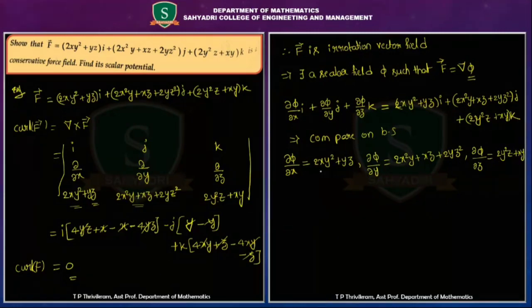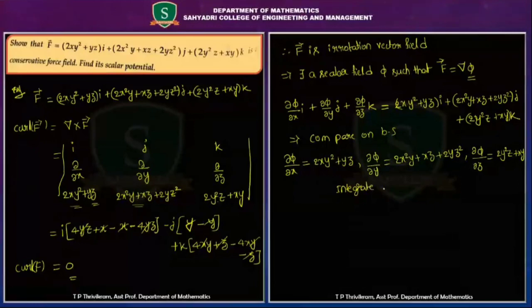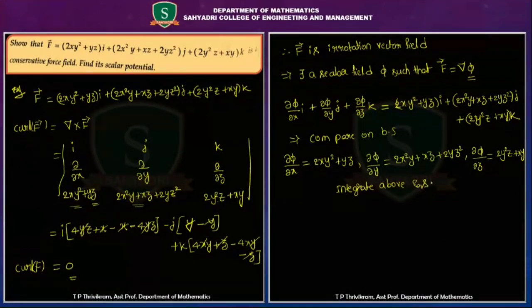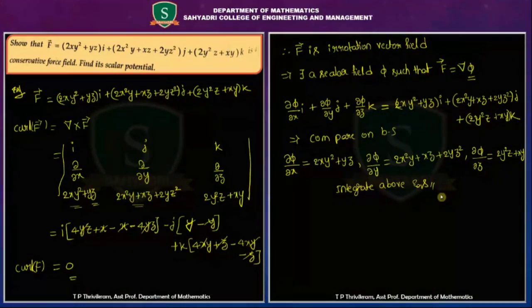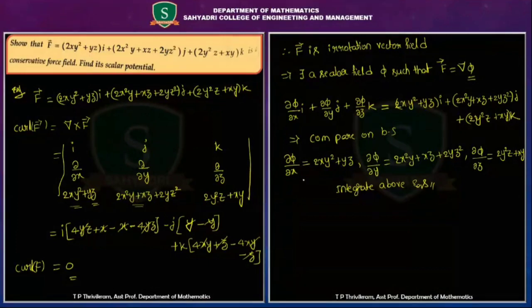Okay. Now integrate the above equations on both sides. Now, if you integrate the first equation, that means you are integrating with respect to x. Phi equal to how much you'll get? 2y square is there.